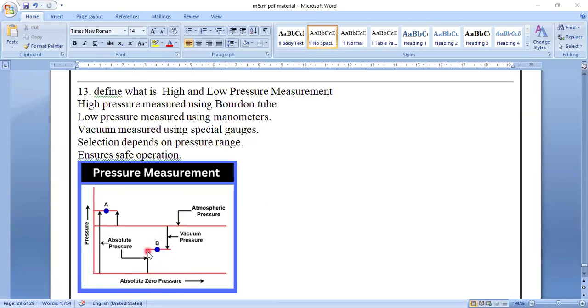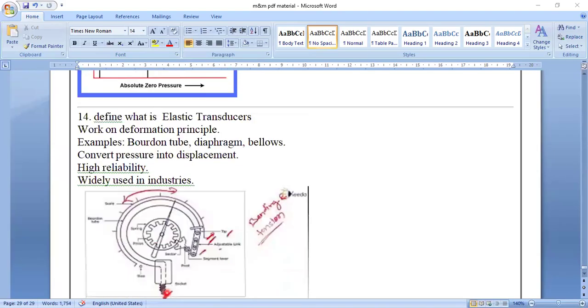Absolute zero pressure plus vacuum gives you the atmospheric line, and atmospheric line plus gauge pressure gives you absolute pressure. Pressure is taken on the y-axis, and absolute zero pressure is taken here.